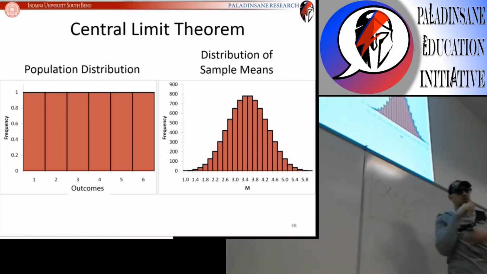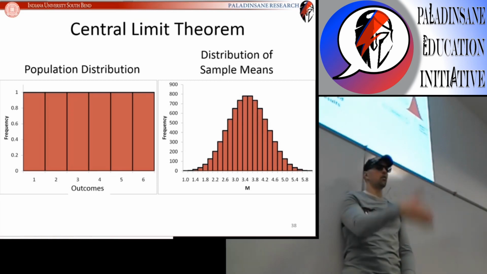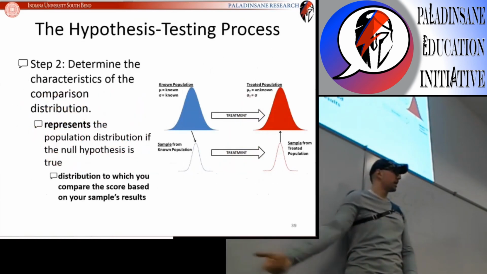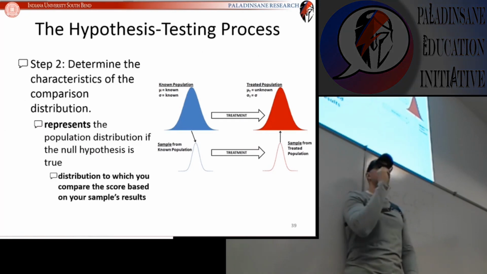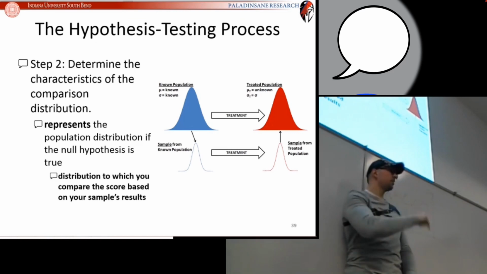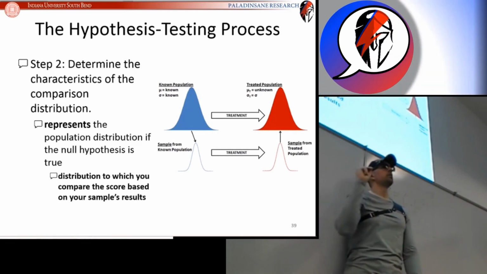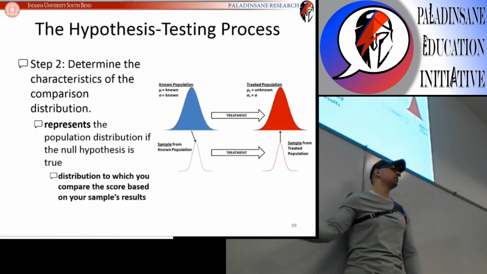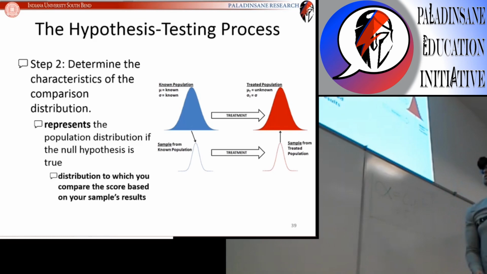So we can't even go to table number 1. So just keep that in mind, because they're going to teach you the wrong way first, and then they're going to try to correct it in chapter 6. So I'm going to try to teach you the right way first. We are comparing our sample mean to a fair distribution. We're comparing our sample mean to a distribution of sample means. It's unfair to compare it to the population. So just keep that in mind.